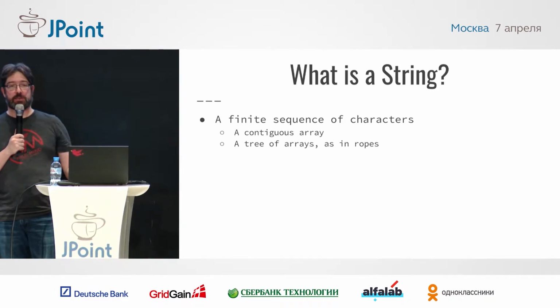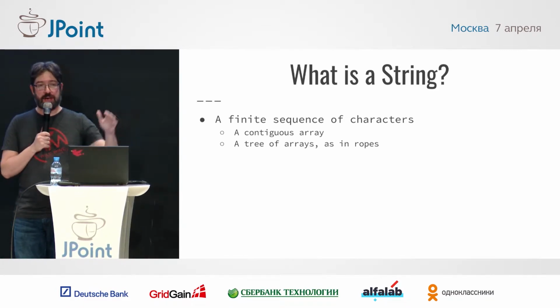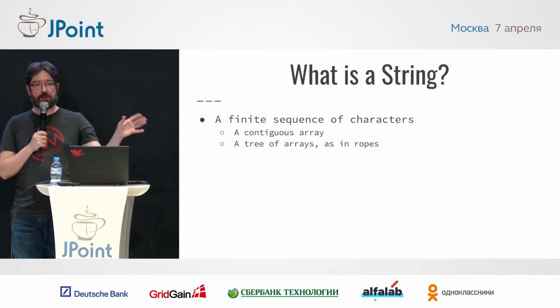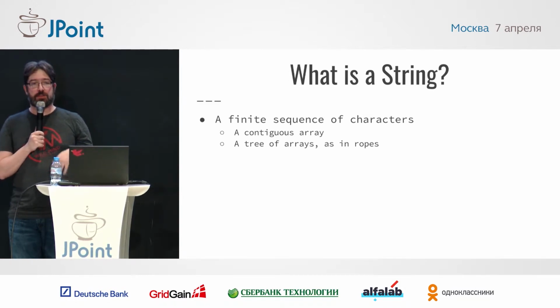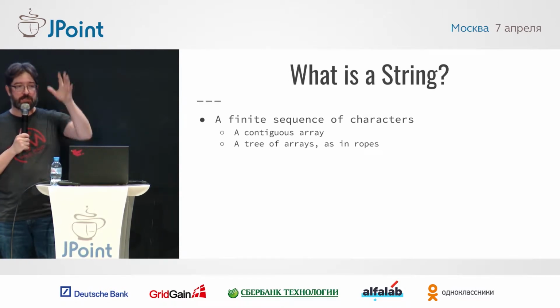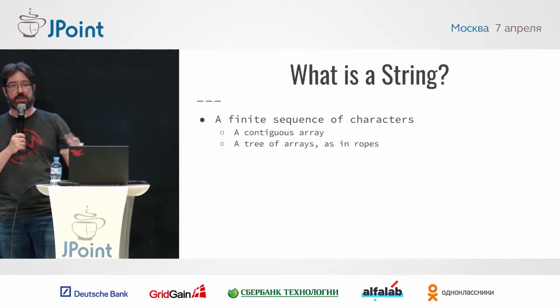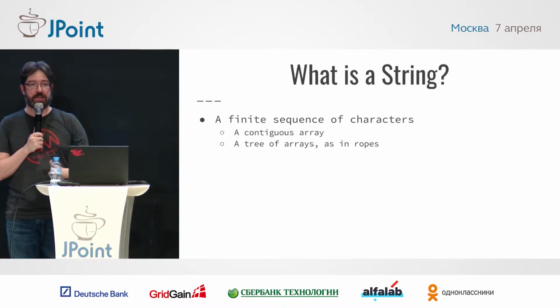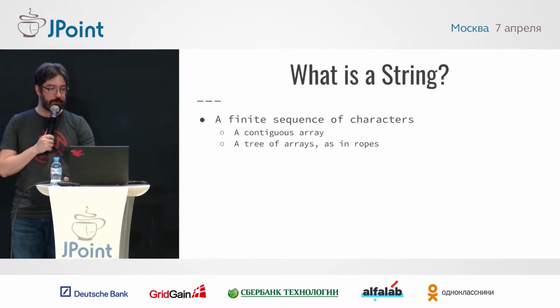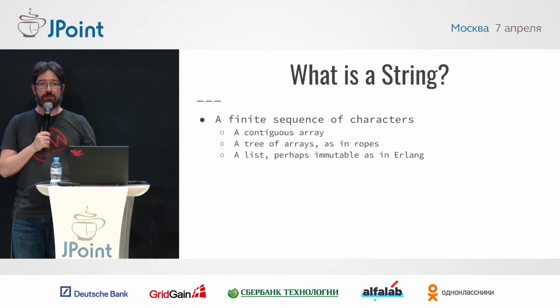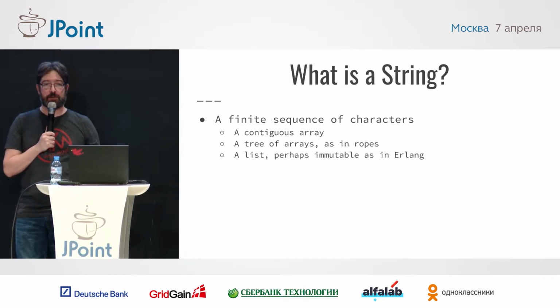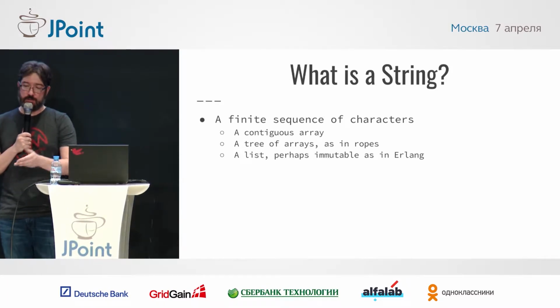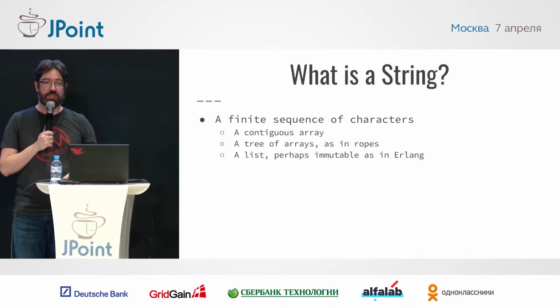Many folks have experimented with something called ropes, where you have a tree that has a bunch of small arrays in it. And the actual string that you get out of it is basically made from walking that tree and composing those pieces. It allows you to break it apart, reassemble it more efficiently than copying all the characters every time. In other languages like Erlang, it may actually be a list. And Erlang is not particularly legendary for having high-performance strings, mostly because they are immutable lists, just like any other collection.